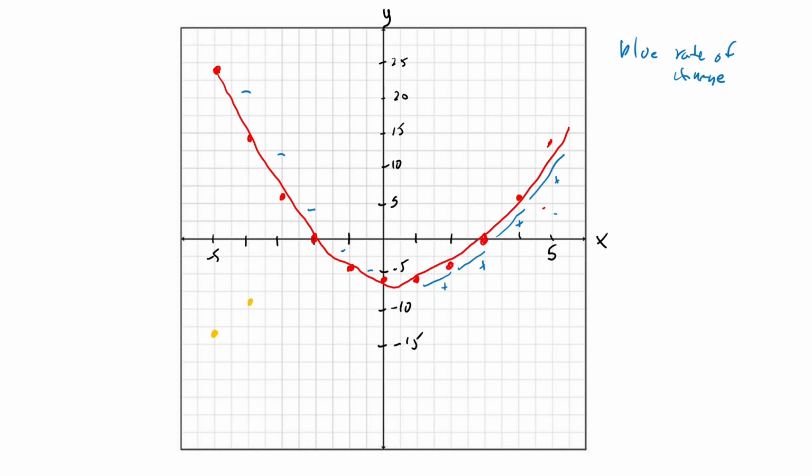At minus 3 we had minus 7. At minus 2 we had minus 5, and then at minus 1 we had minus 3.